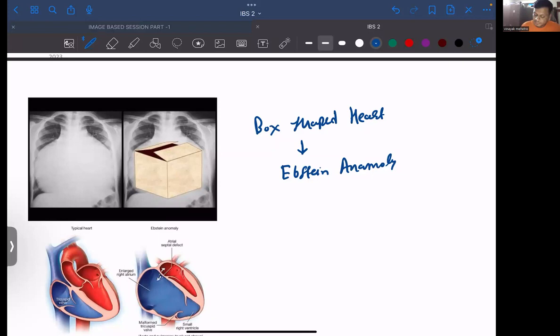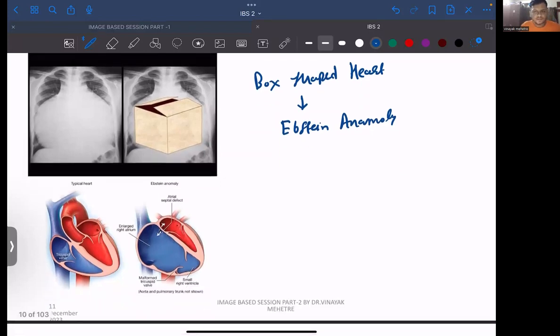How will you remember? Mother intake of lithium, right? The pregnant lady was psychiatrically ill, or the patient is on some kind of homeopathic medications. Homeopathic medications do have lithium for the treatment.